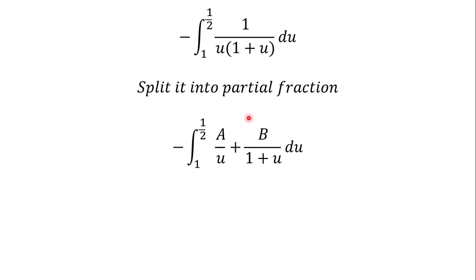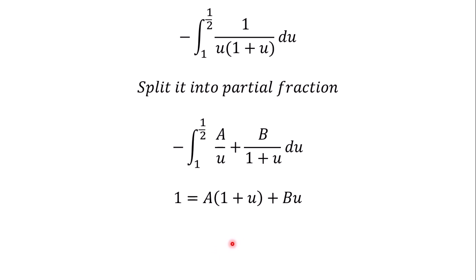When you do that, this one multiplied by this one gives us 1, and on the other side we get A times this plus B times that. So the equation is 1 is equal to A into bracket 1 plus u, plus Bu.